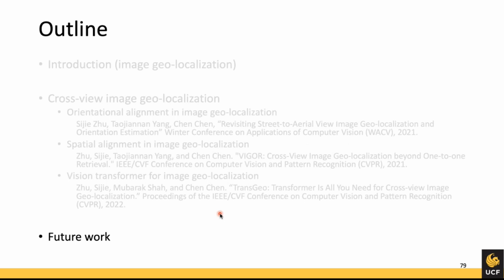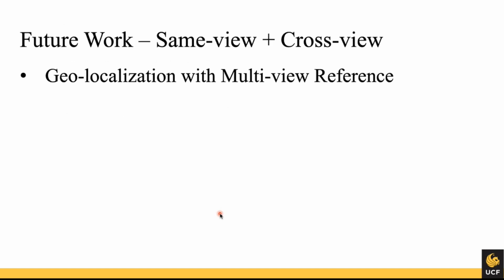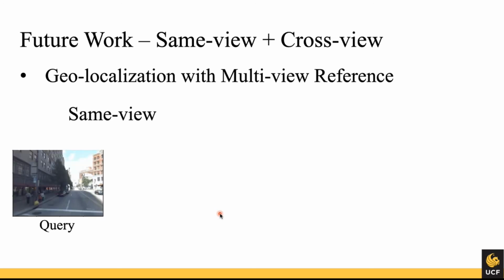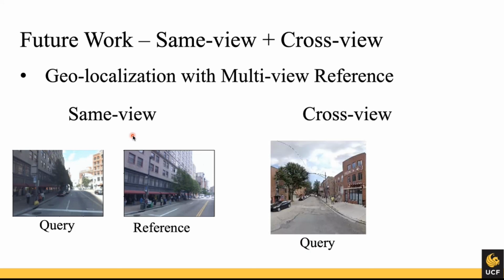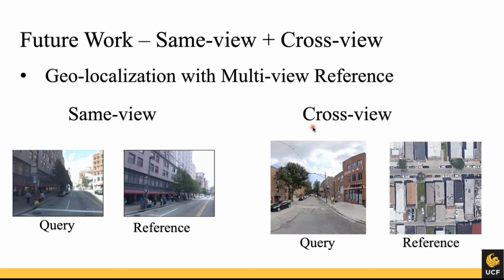Finally, I want to conclude the talk by giving a couple of future research directions. The first one is we can consider combining same-view and cross-view settings together. Right now in this field, the domain is kind of divided into two separate fields. There are people working on same-view geolocalization, but also folks working on purely cross-view geolocalization.